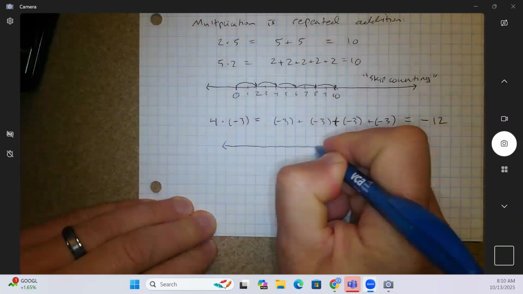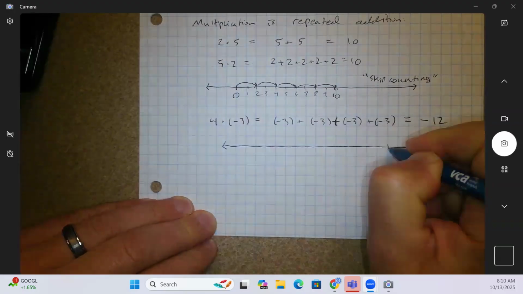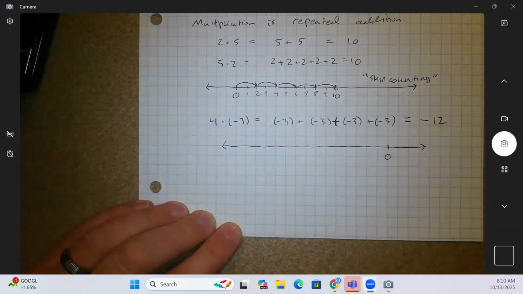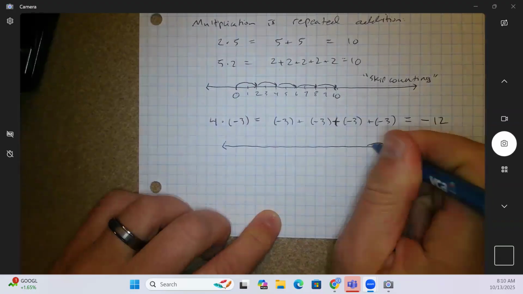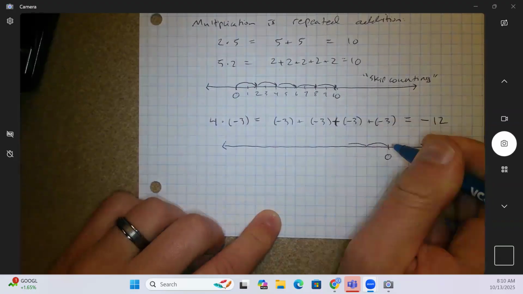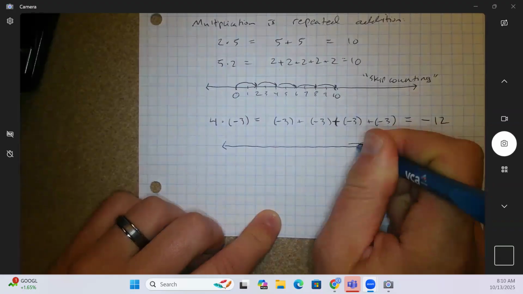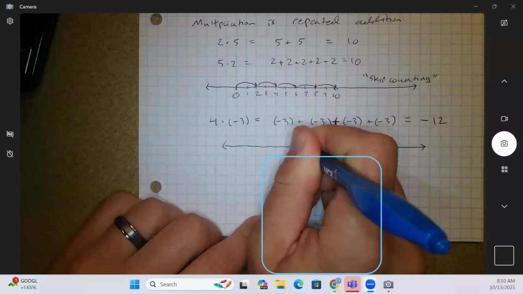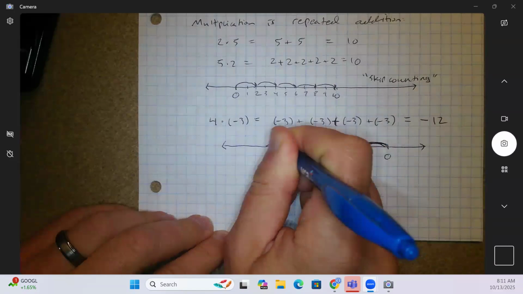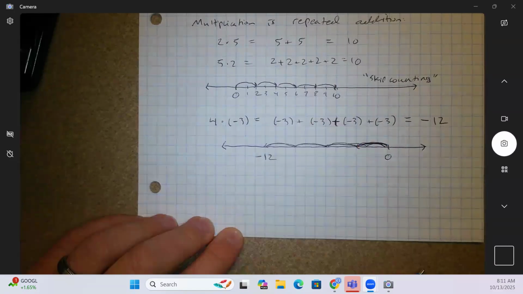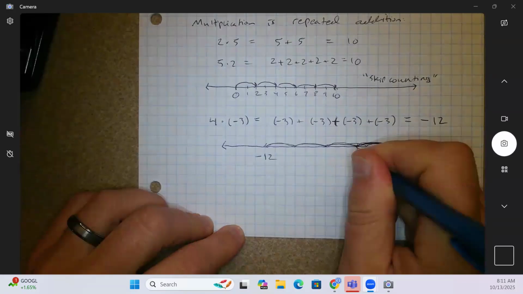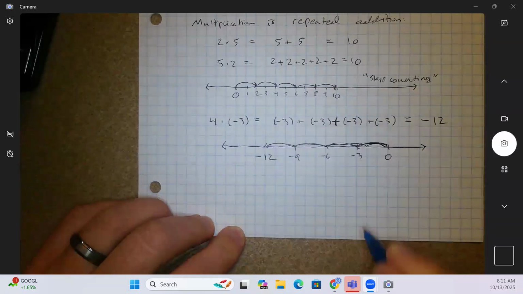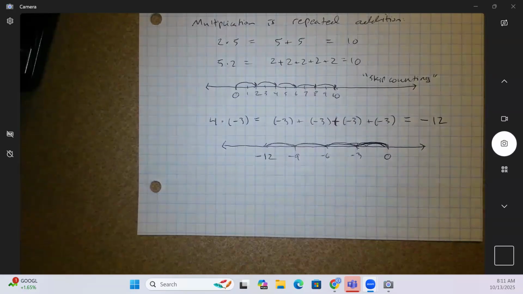And if I put this on a number line, I'm going to start 0 over here on the right because I'm adding negative numbers. And I'm going to add -3 to itself 4 times. 1, 2, 3, 4, and it gets me down to -12. I'm not going to mark all of them, but I'll mark those skip counting numbers. 4 sets of -3.